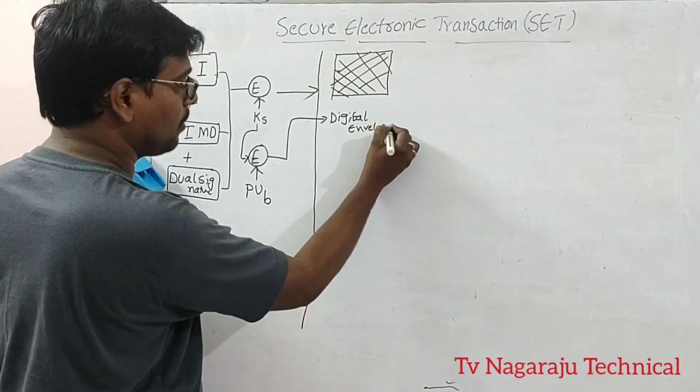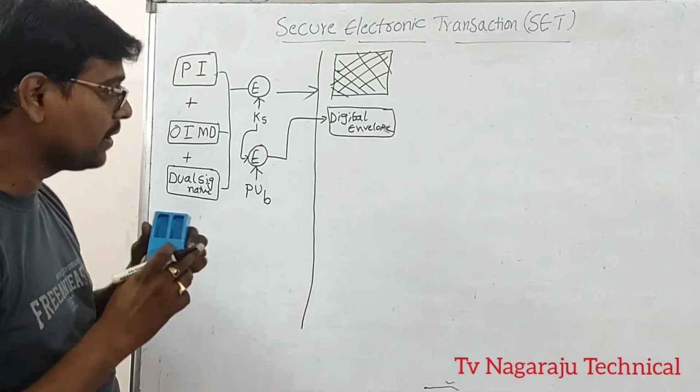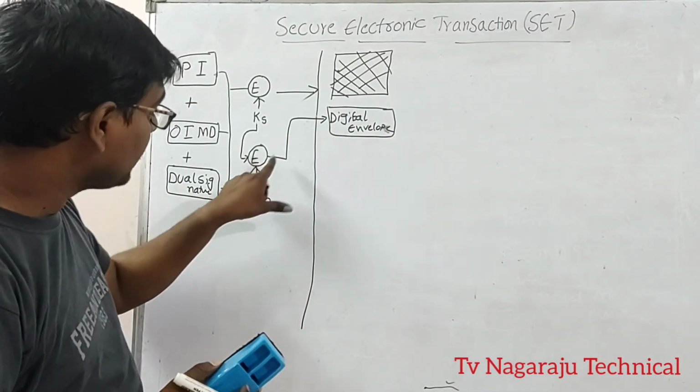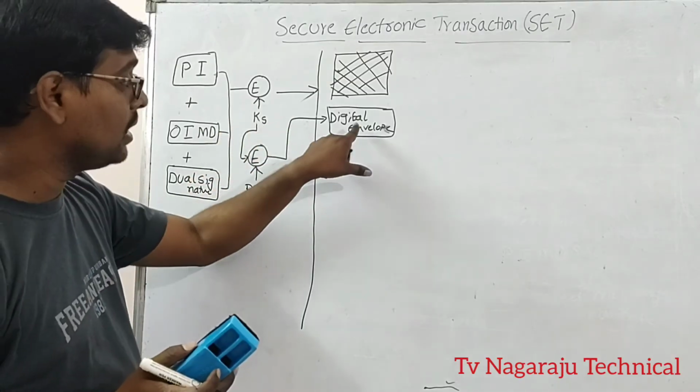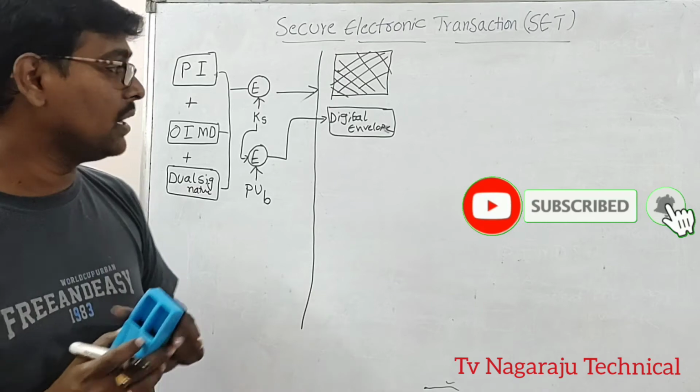What is the meaning of digital envelope? This is an encrypted secret key. Now the digital envelope consists of an encrypted secret key.